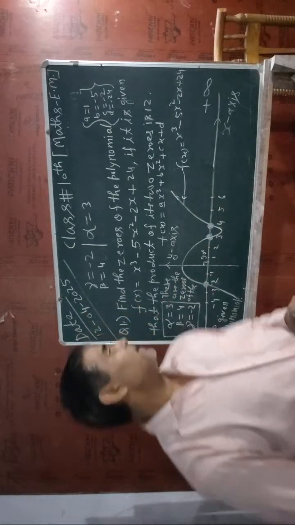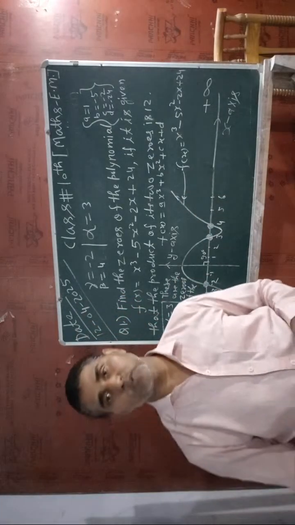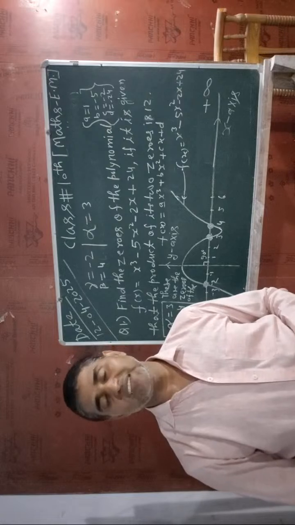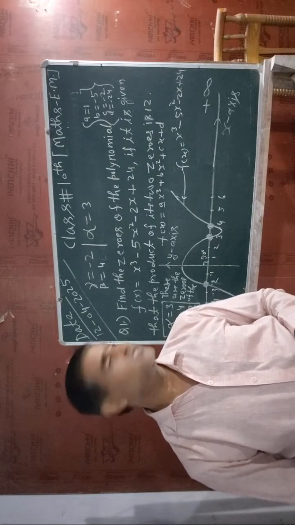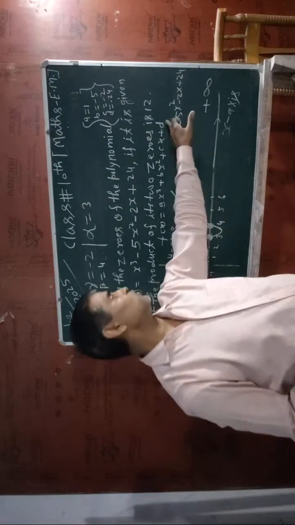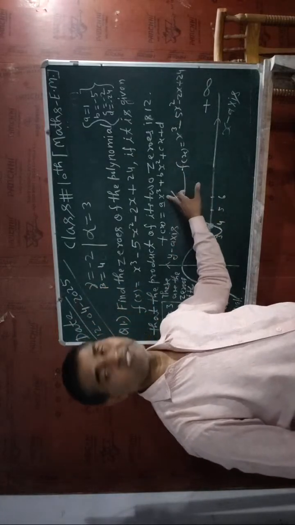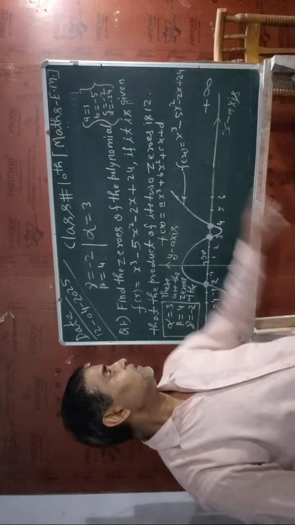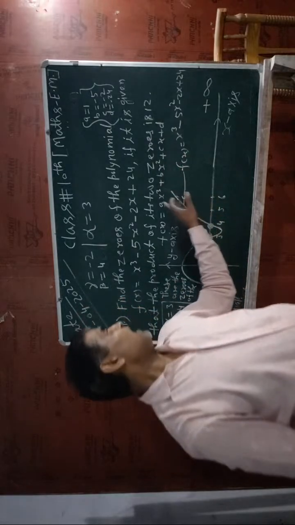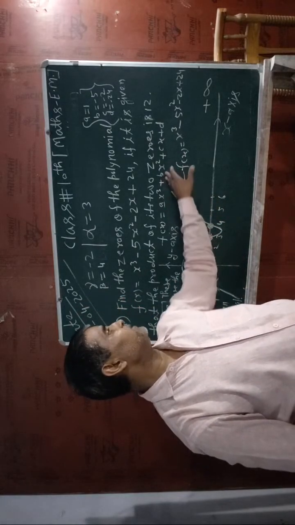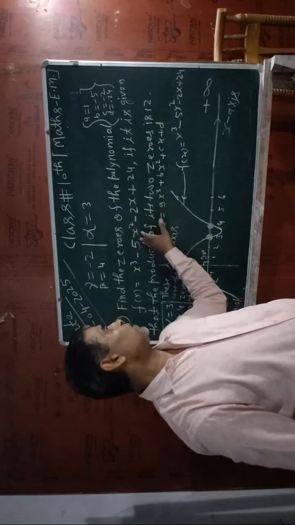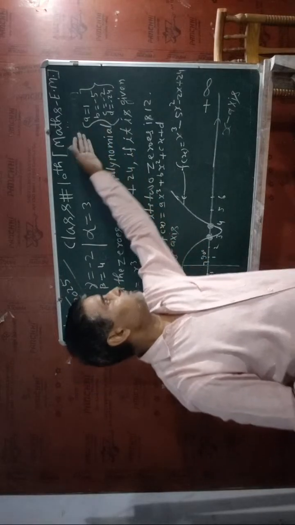And again I have got the product of the zeros, alpha beta gamma, which is equal to minus the constant term divided by the coefficient of x cube, that is minus d divided by a. The values of a, b, c, d I have taken from the given polynomial.